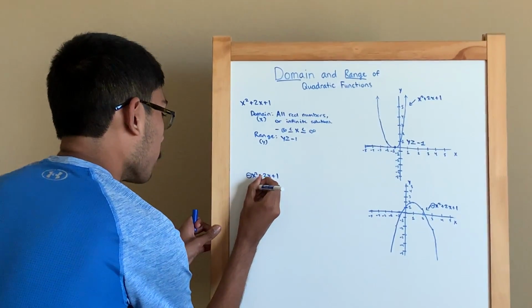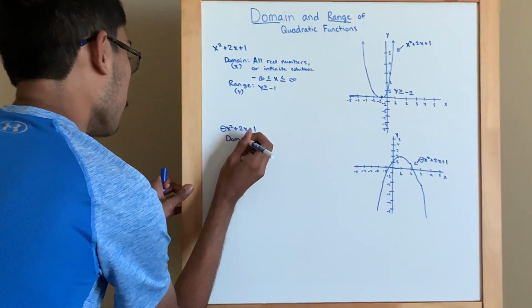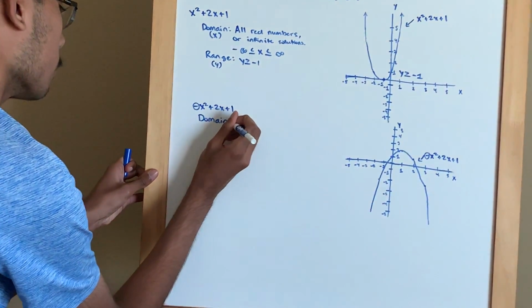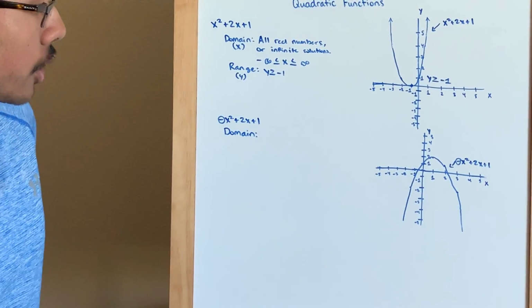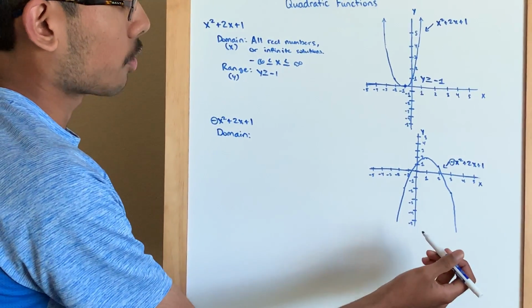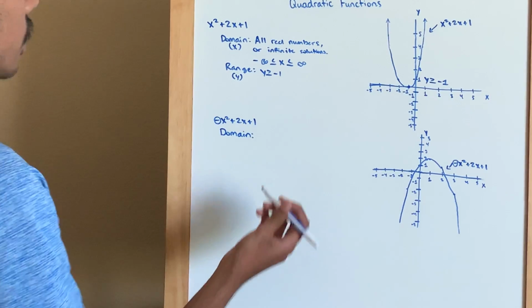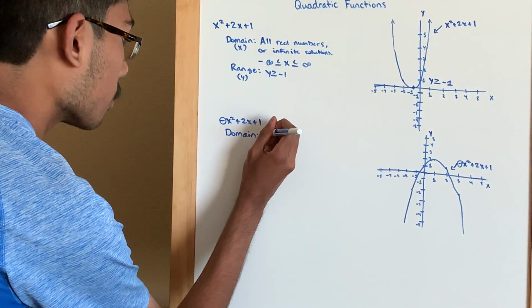Now let's do the domain. Just like the last function, the x values don't stop, they keep going. So it's all real numbers.